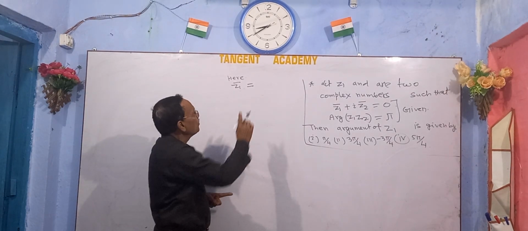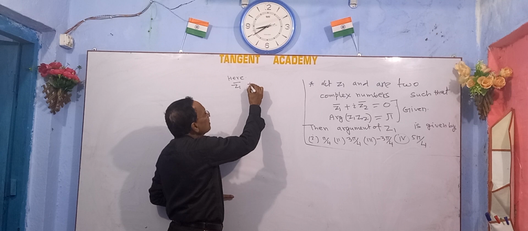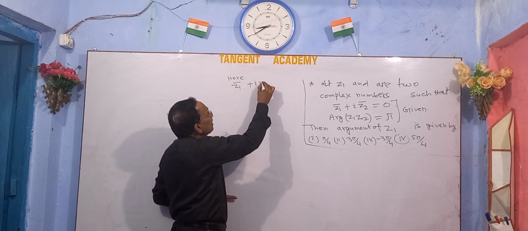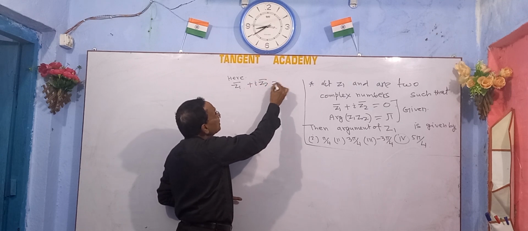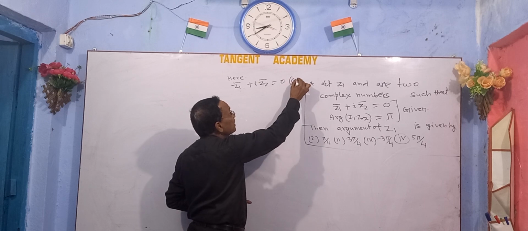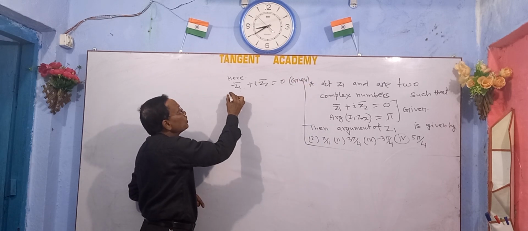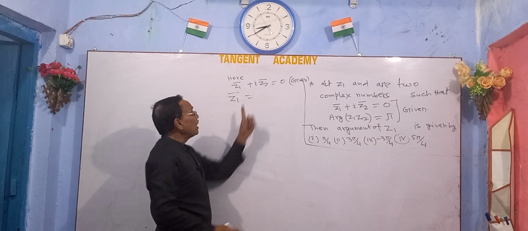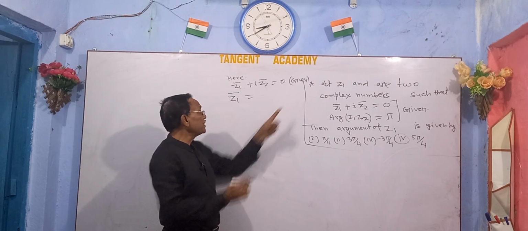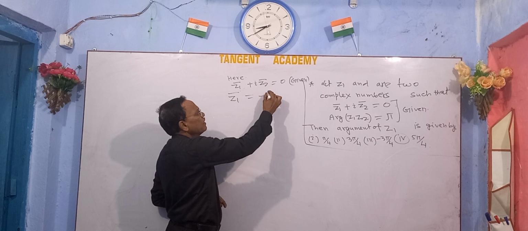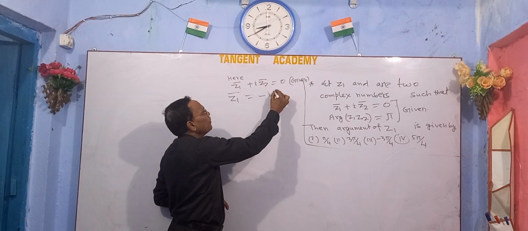Z1 bar plus iota times Z2 bar is equal to 0. It is the given condition. So transposing i Z2 bar to the right hand side, we get minus i Z2 bar.